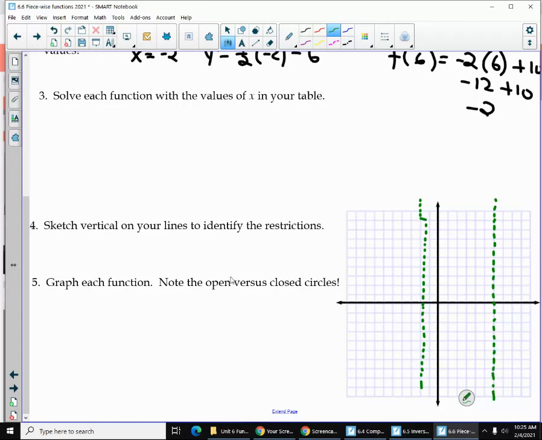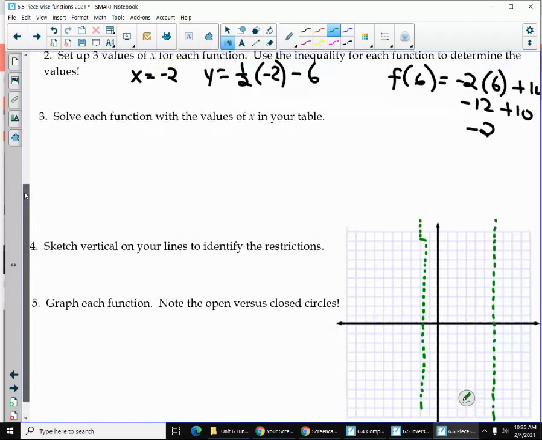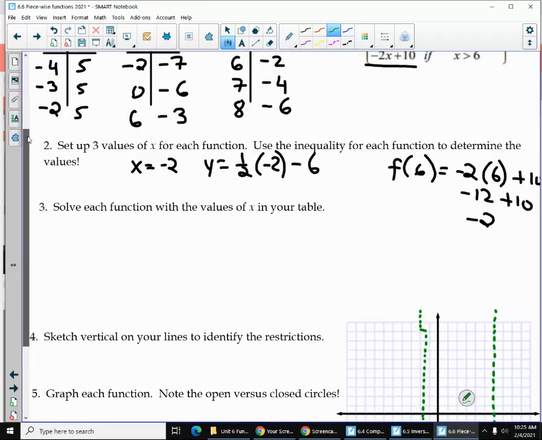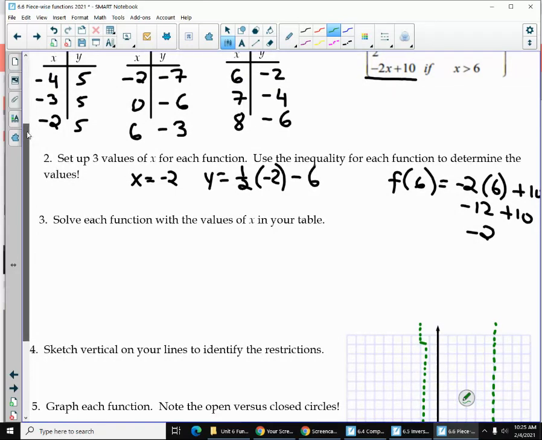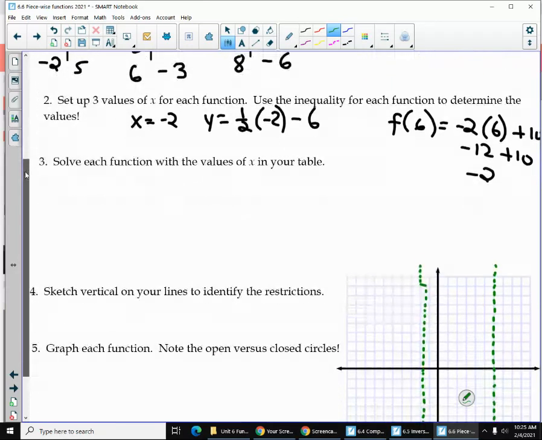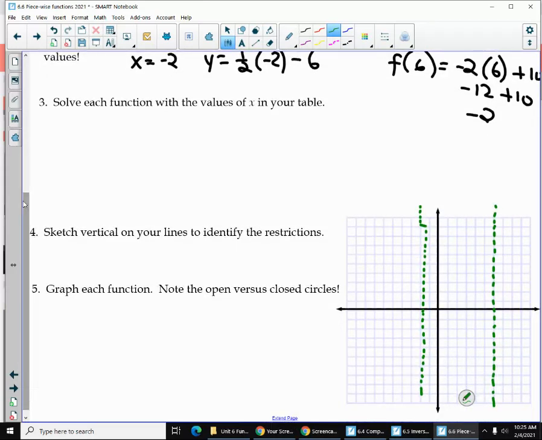Now, if you look at the first table, I have 3 ordered pairs: -4, 5, -3, 5, and -2, 5. So let's plot the 3 points. -4, 5 is here.